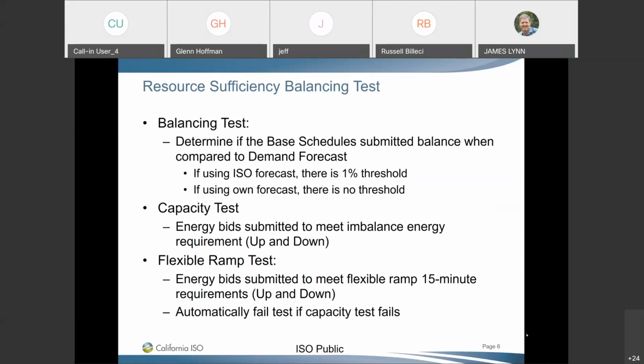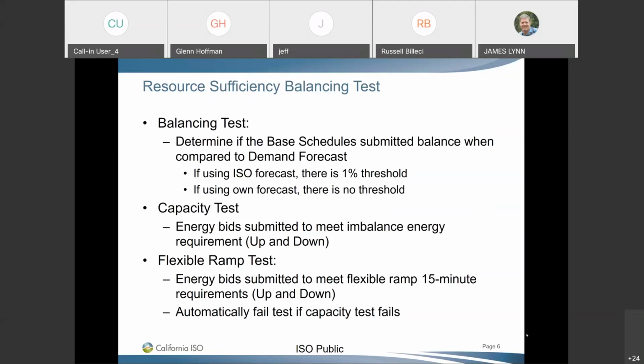The second test is the capacity test. Now, this is pretty simple. What this test is for is, do your participating resources' bids provide enough capacity to meet our imbalance needs, up and down?